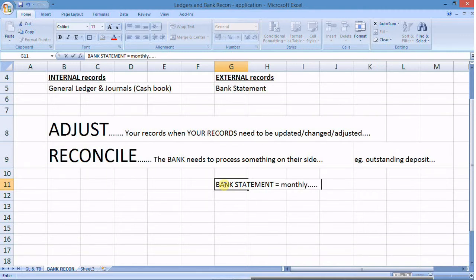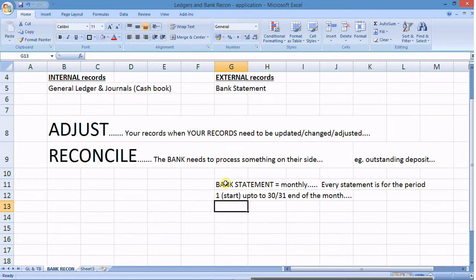Let's assume that every statement is for the period from the start of the month up to the 30th or 31st or 28th, depending, if it's Feb, the end of the month, each month.